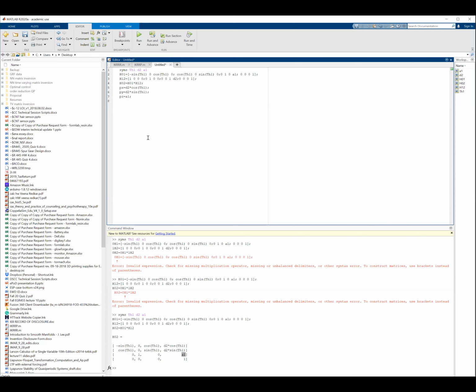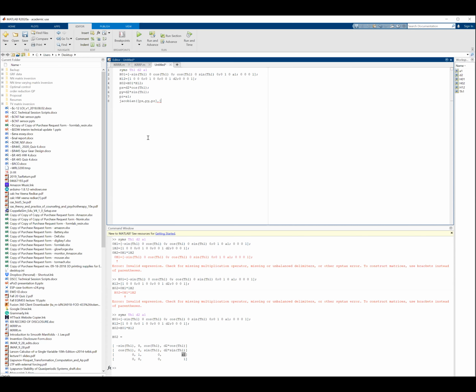The command to find the Jacobian is jacobian, in parentheses square bracket px comma py comma pz, square bracket complete, semicolon.